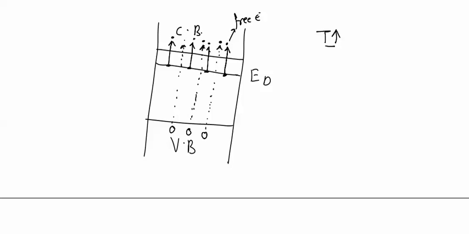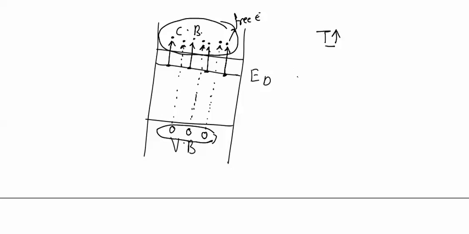Now we can see that there are some holes in the valence band and some electrons in the conduction band. These electrons and holes are the charge carriers which can take part in conduction.